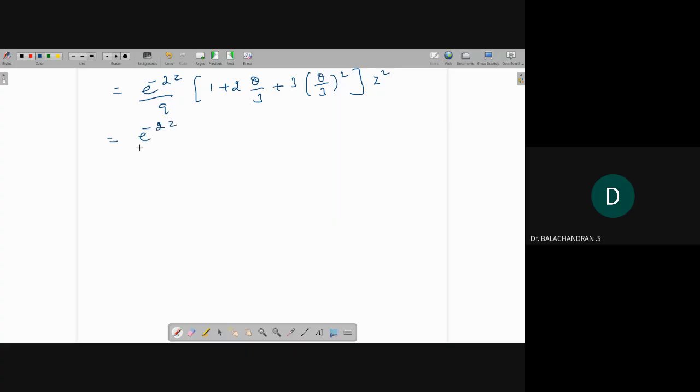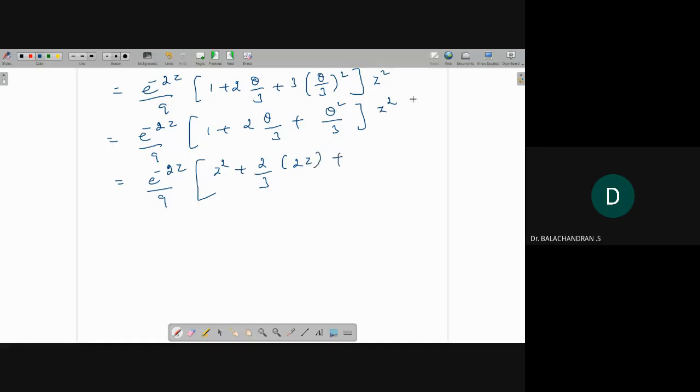E power minus 2z by 9, 1 plus 2 theta by 3 plus 3 theta square by 3 square, into z square. Now this is equal to e power minus 2z by 9 into z square, 1 into z square plus 2 by 3 theta of z square, which is 2z.